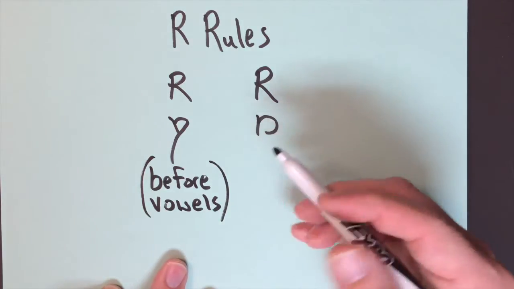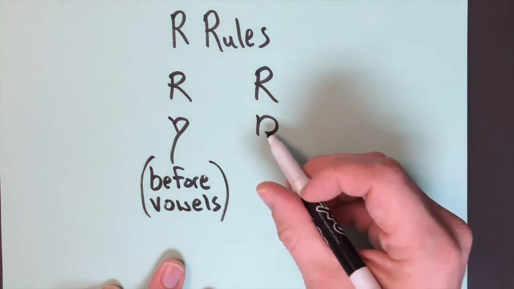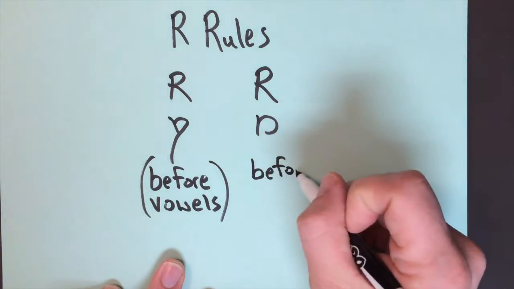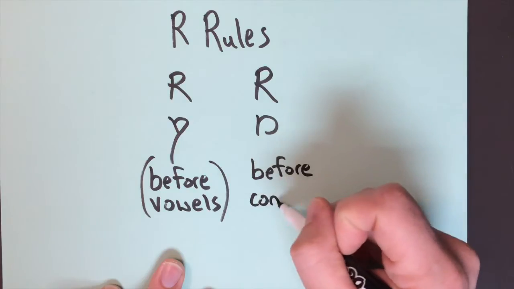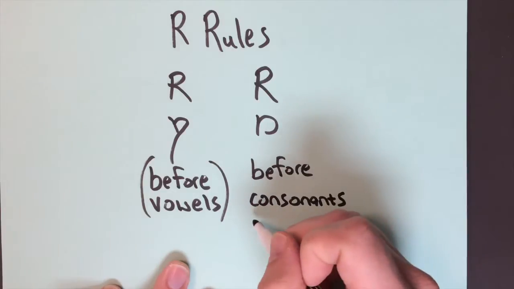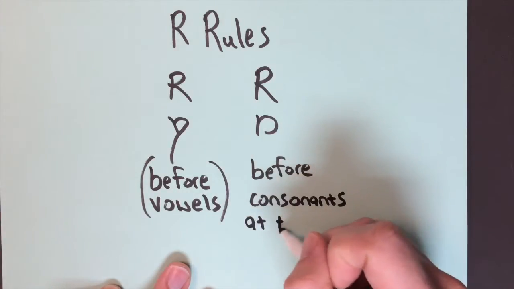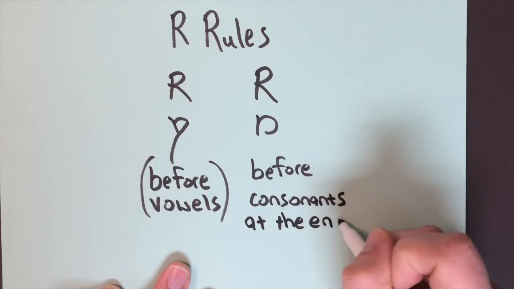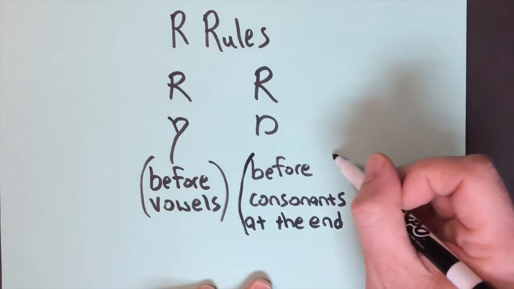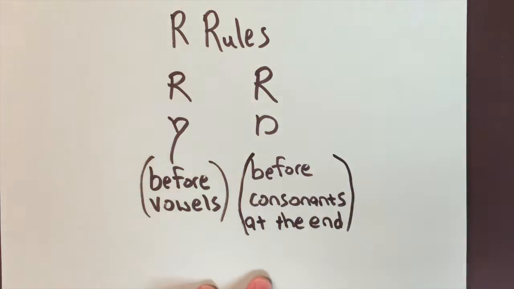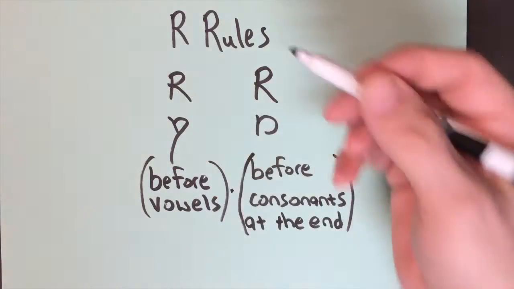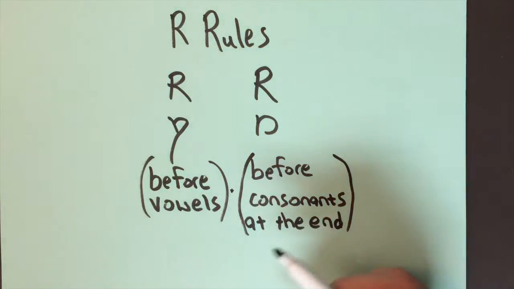Okay. And what's significant about this R is you use this R before consonants, and also at the end of a word. Okay, so as long as you remember these two rules, then that will determine which one of these that you use.